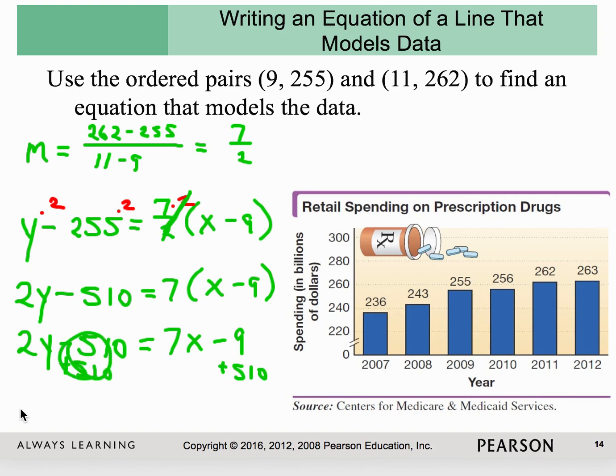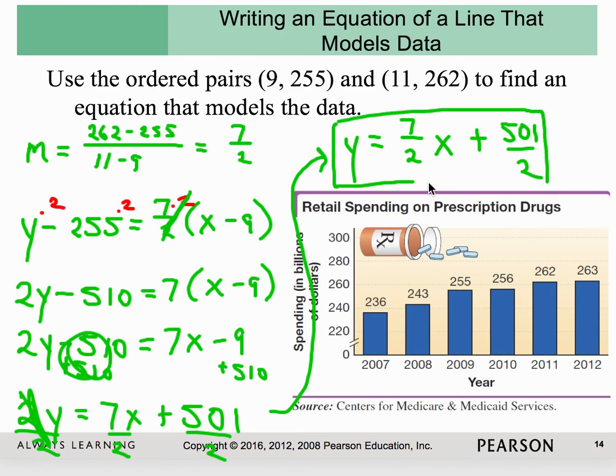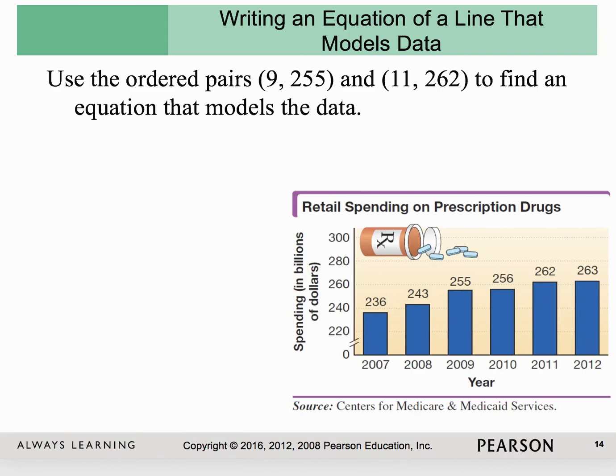So 2y equals 7x plus 501, and then divide by 2. So our final equation is y equals 7 halves x plus 501 halves. Perfect. All right. Let me know if you have any questions.